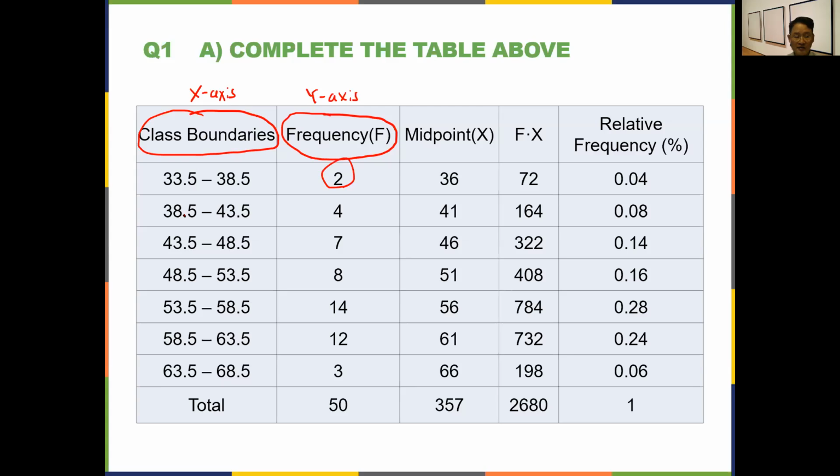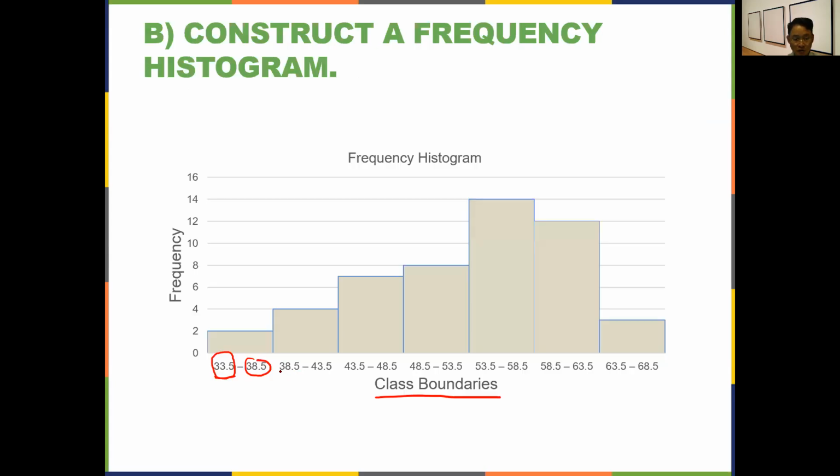It goes up to 2. Now, the next class boundary is 38.5 to 43.5, and it goes up to 4. I mean, you don't have to write it in this way.